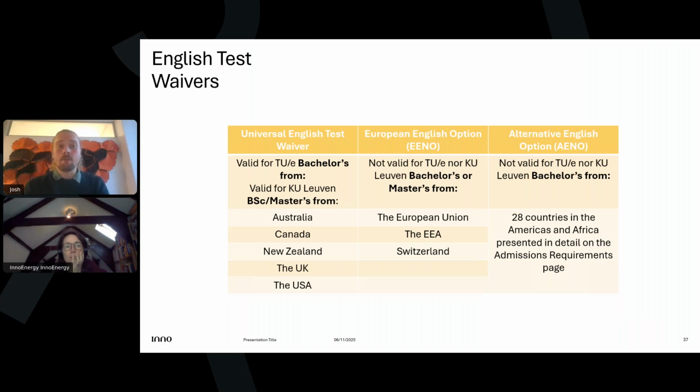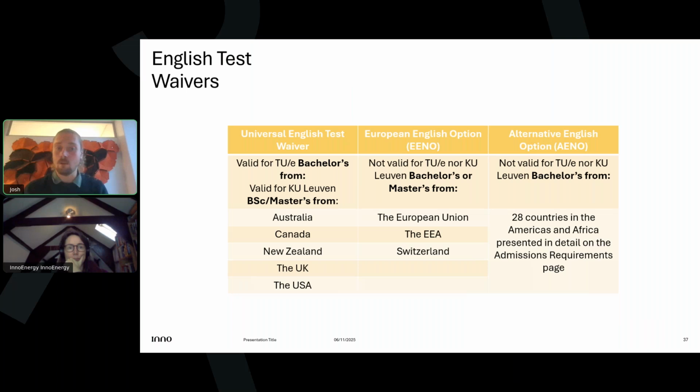And then for the Masters in Smart Electrical Networks and Systems, we have 3 English test waivers available for you. I'm going to talk about them from left to right. So the first English test waiver we call the Universal English Test Waiver. And this is if you have studied a bachelor's degree from the 5 countries you can see on your screen: Australia, Canada, New Zealand, the UK, and the USA.